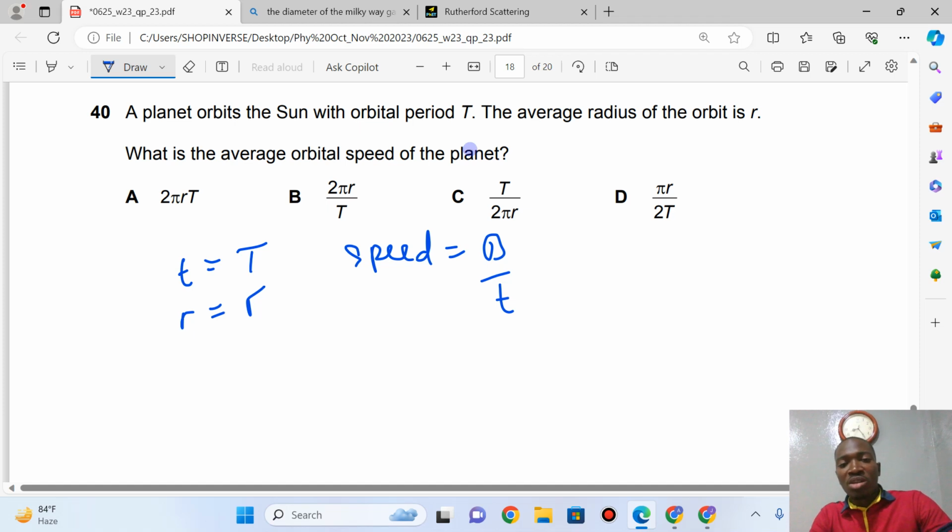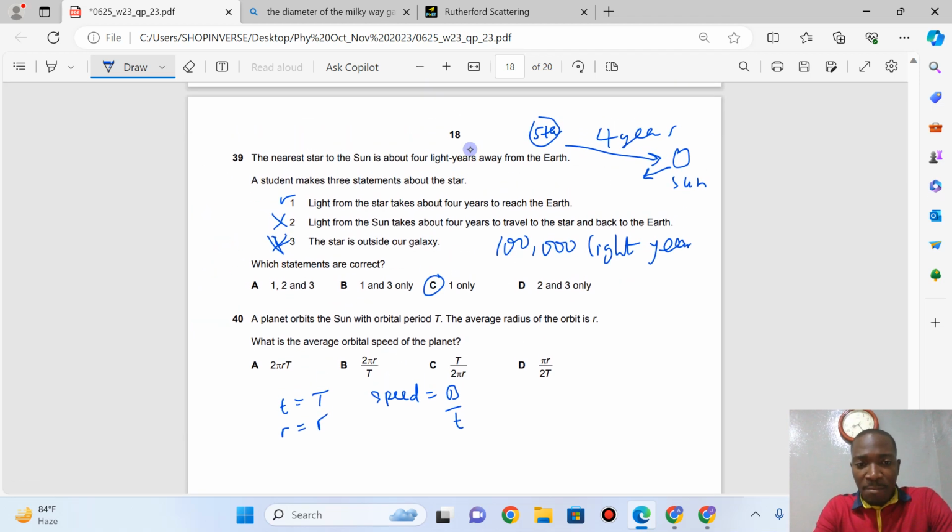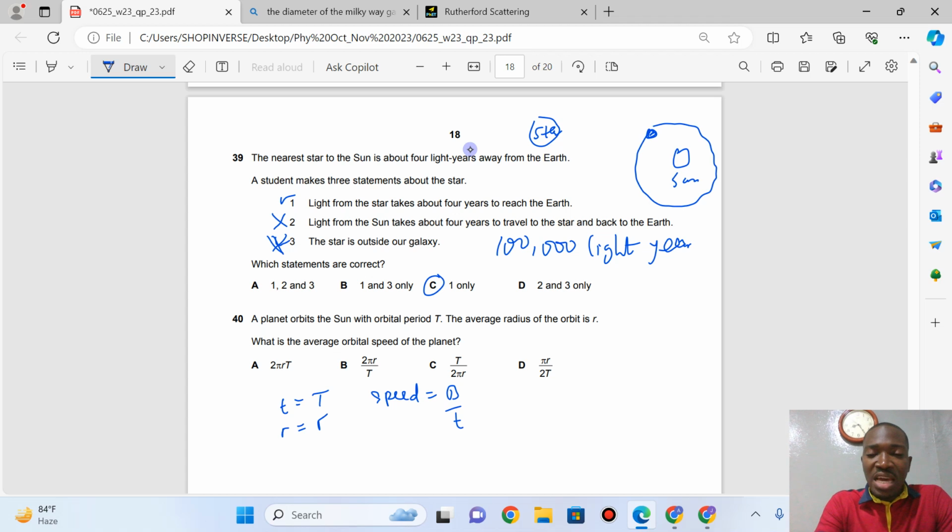And what will be the orbital distance of this planet? Take note that the planets around the sun move in elliptical orbits.